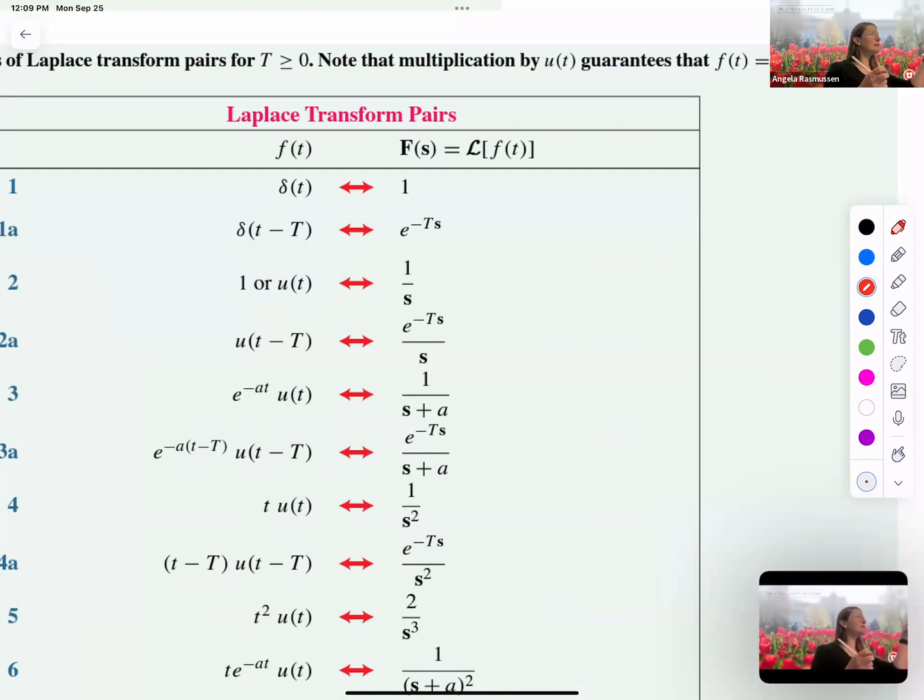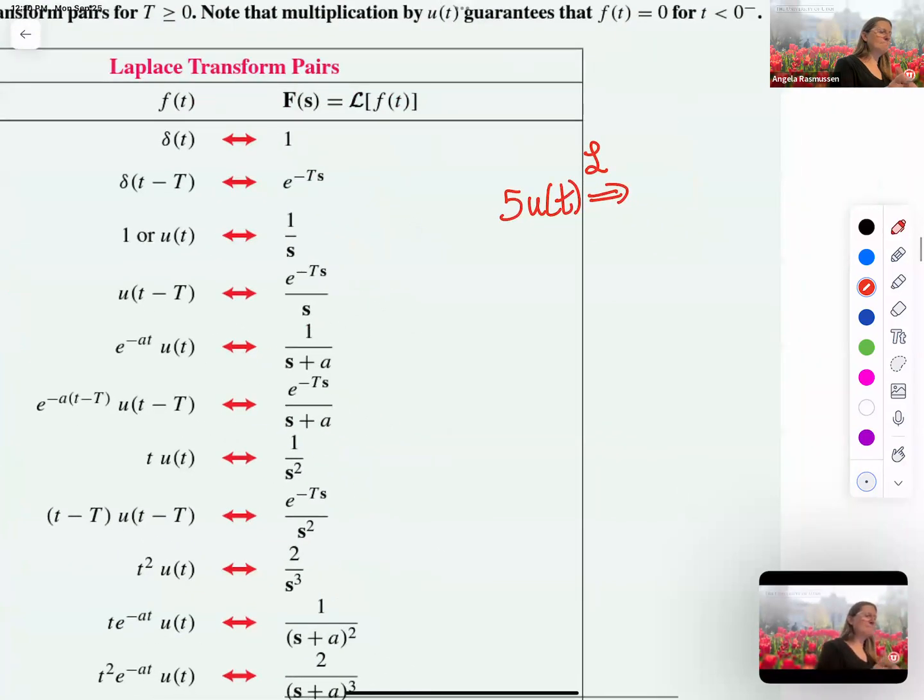So if I have a battery, 5 U of t, and there's a switch going on, meaning I just have a start at some point, 5 U of t would translate into what in the Laplace domain? Five over s. So the U of t is the 1 over s. If I have some number in front, it's just 5 over s.